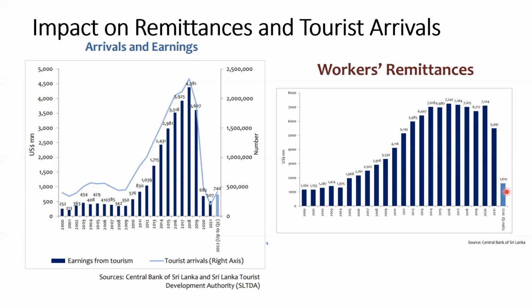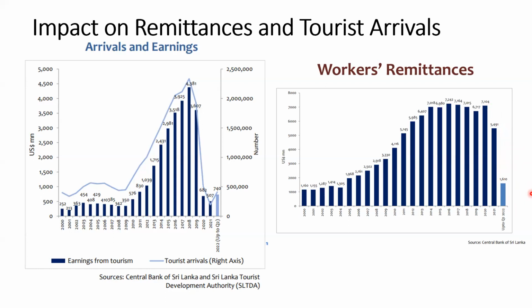But up to 2022, it's around 1.6. That means if we get the same value again, we can reach a maximum of around 3.2, maximum 4 billion. Let's say if it is 4 billion we have received in 2022, that means a 3 billion deficit from the worker remittances.